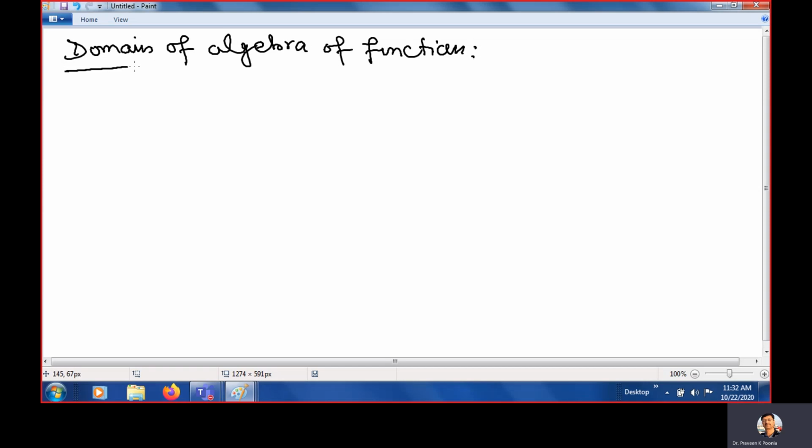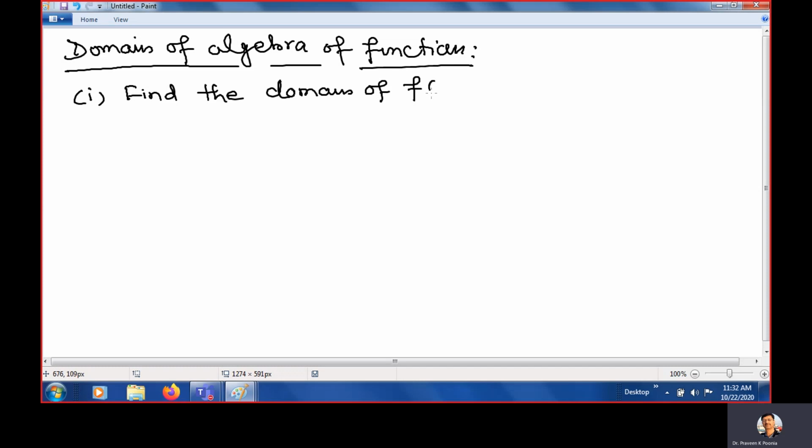So how do we calculate the domain of algebra of functions? Step number 1, find the domain of f(x). Step number 2, find the domain of g(x).